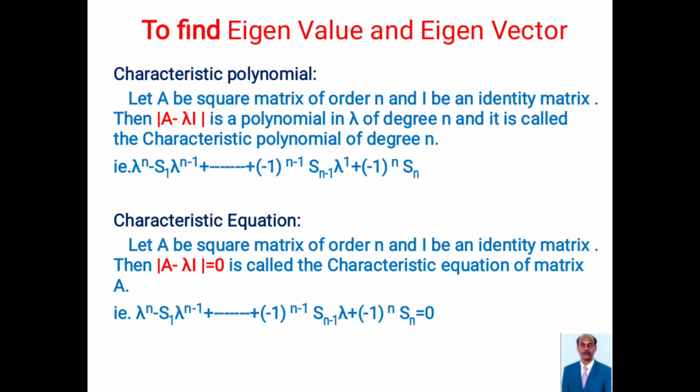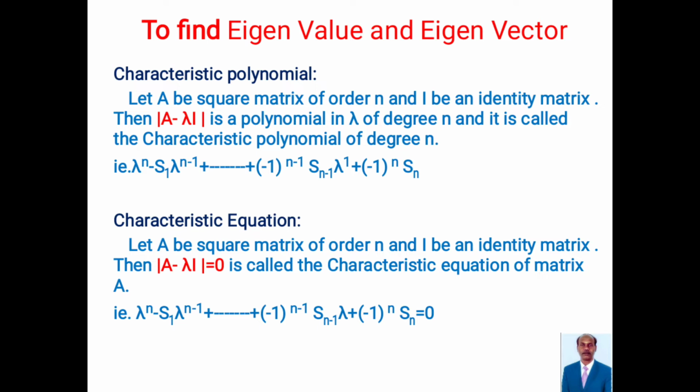Now we can discuss what the characteristic equation is. Let A be a square matrix of order n and I be an identity matrix, then determinant of A minus lambda I equal to 0 is called the characteristic equation of the matrix A. So how do we get this? Modulus means determinant of A minus lambda I. For understanding I said modulus, but here we use the determinant symbol because we are working with a matrix.